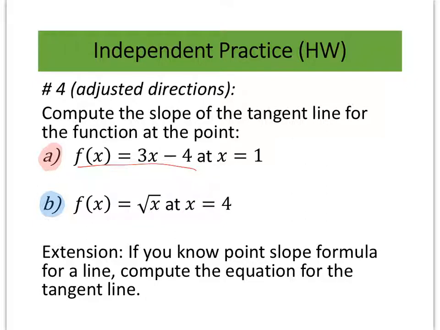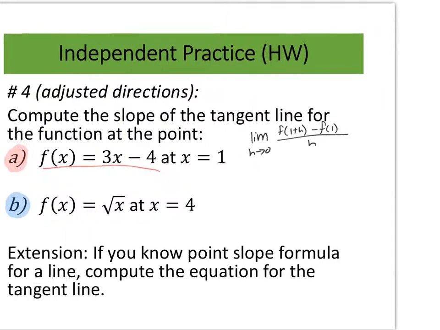All right, hopefully at this point you have been able to attempt this problem. Give it a try. We're going to use the limit definition of the derivative. So the limit as h approaches 0 of f of 1 plus h minus f of 1 all over h.